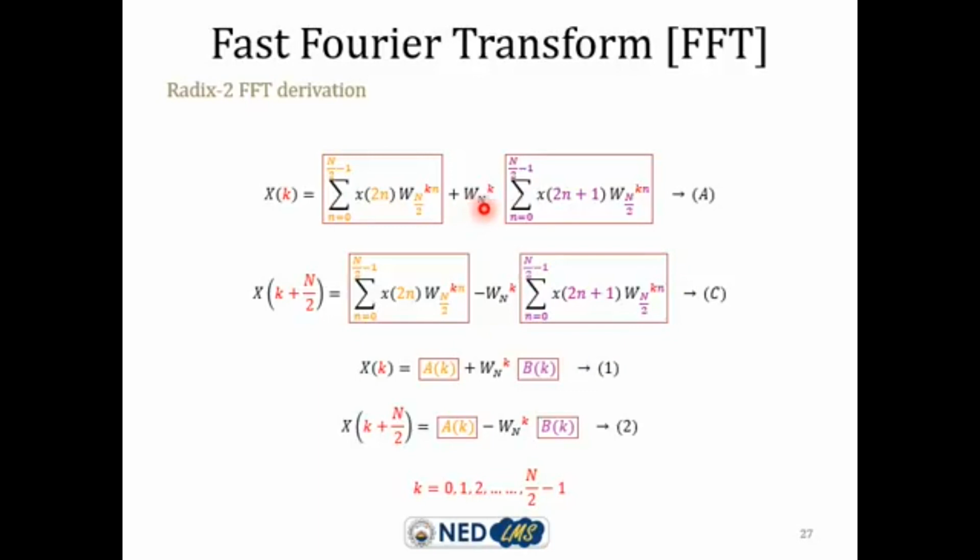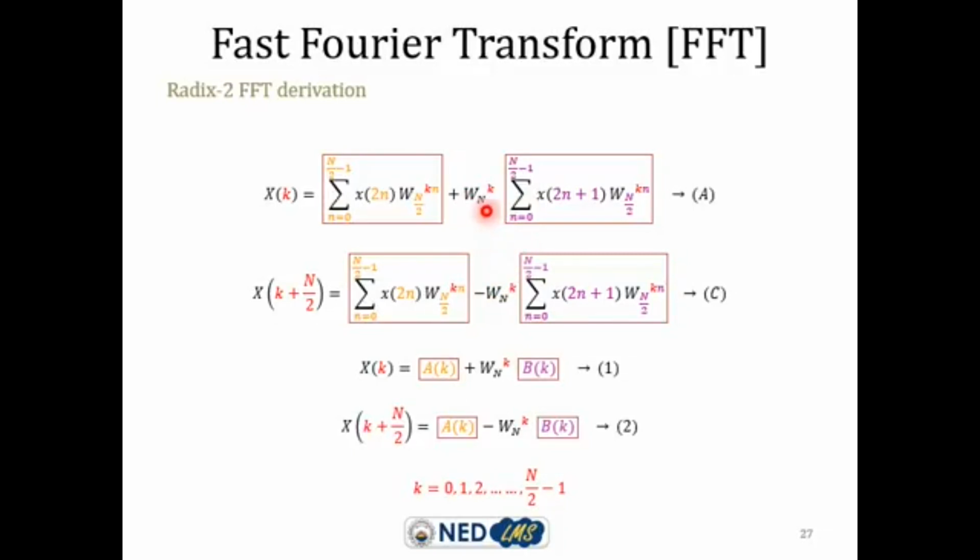So if the value of capital N is equal to 8, then it means we have to reconstruct the 4-point DFT outputs. But before combining these 4-point DFT outputs, we have to multiply the twiddle factors with the second 4-point DFT output.